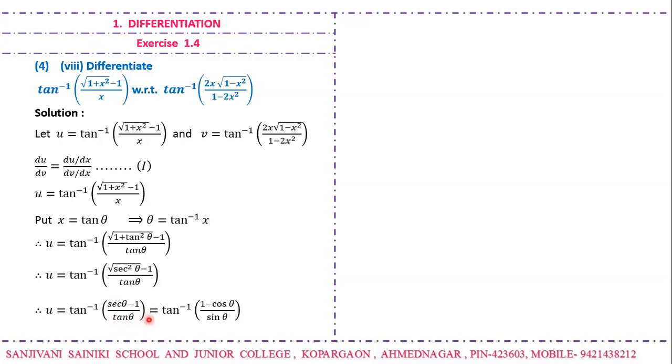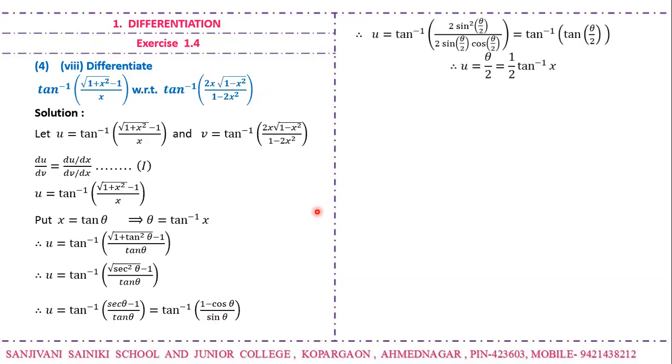Taking the LCM in numerator, you get 1 minus cos theta upon sin theta. So 1 minus cos theta is 2 sin square theta by 2, and the sin theta is 2 sin theta by 2 cos theta by 2. So you get tan inverse of tan theta by 2. So u is equal to theta by 2.